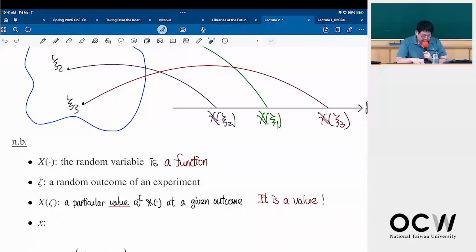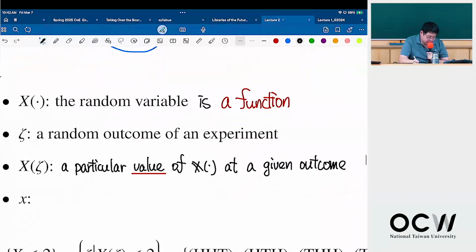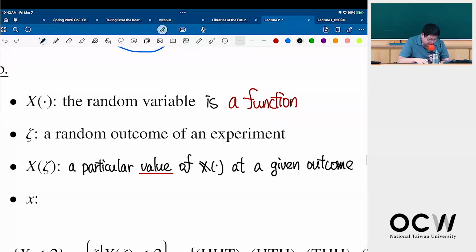And see the notation: we have the capital X, that is a random variable. Then how about the lowercase x? What is a lowercase x? The lowercase x is a generic real number.